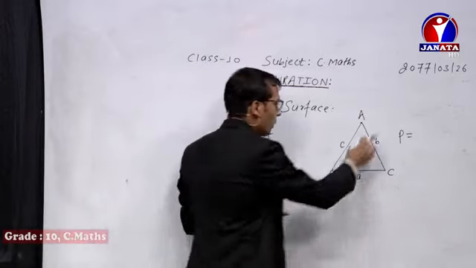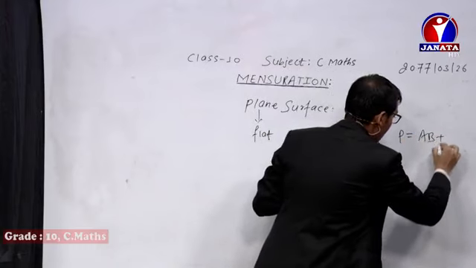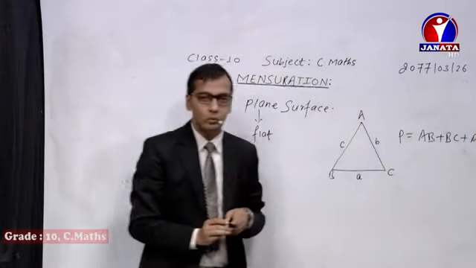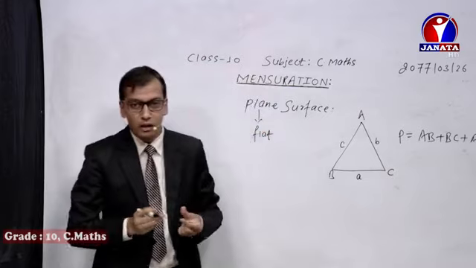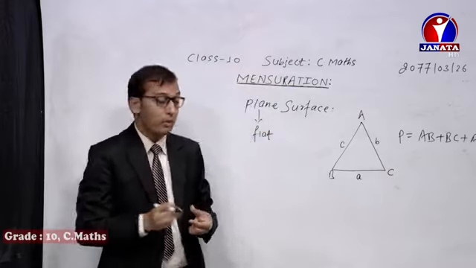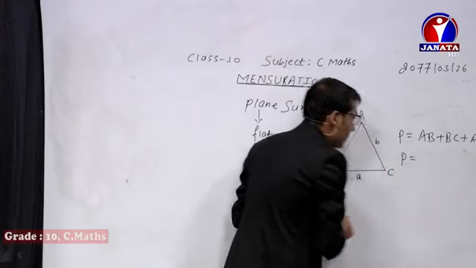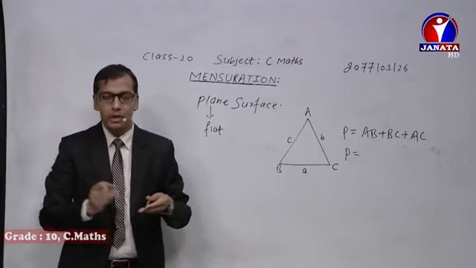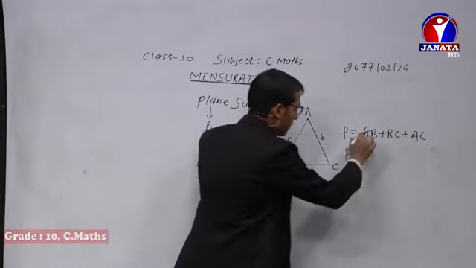So here, what are the 3 sides? These are AB, BC and AC. If we add all 3 sides of a triangle, we obtain its perimeter. We can write perimeter in terms of small letters, because small letters represent sides normally. So what is AB?